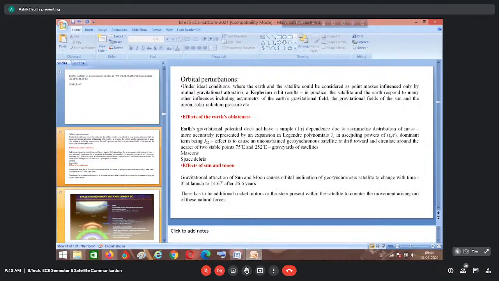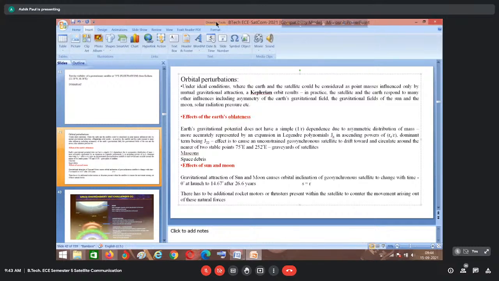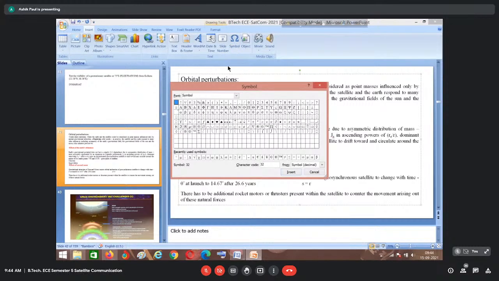Why I'm saying this? Because if we just consider this relation, suppose S equals R into that angle theta, let me see where is theta.